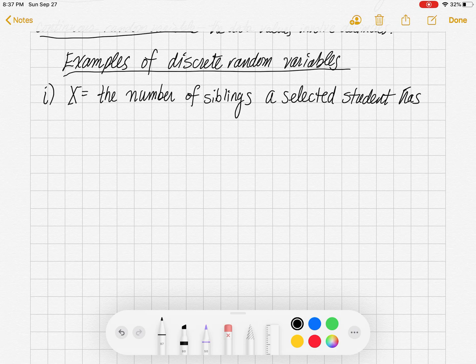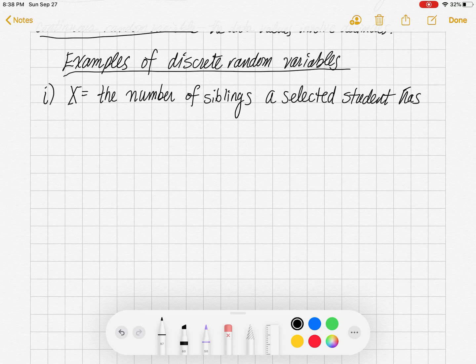So the idea is I'm going to randomly select a student, and I'm going to call X the number of siblings that student has. You might not have any siblings, you might be an only child. In that case, X would be 0. Or I could select someone else who has 1 sibling, so X would be 1. Or someone with 2 siblings, and we would say X equals 2 for that person.